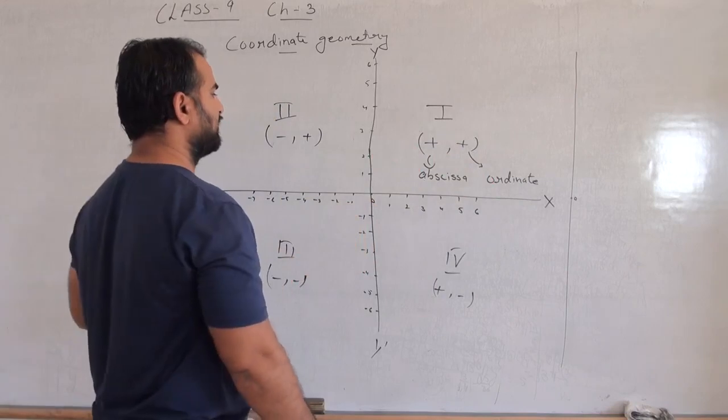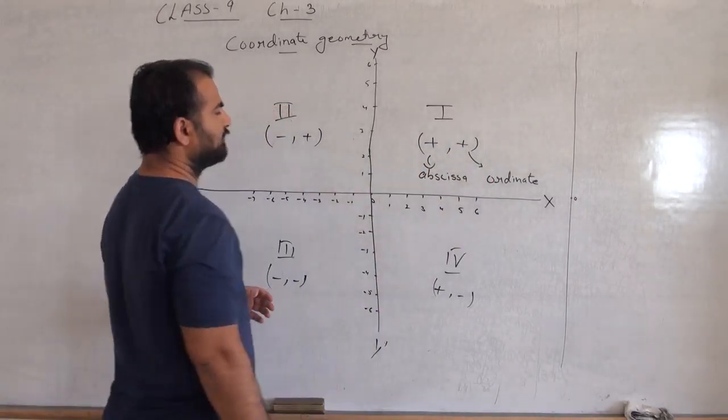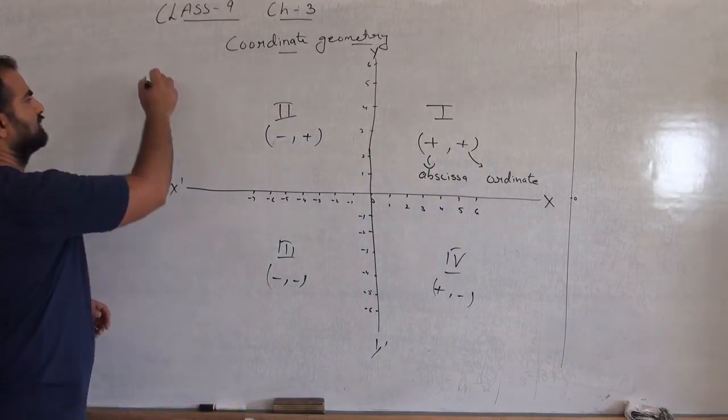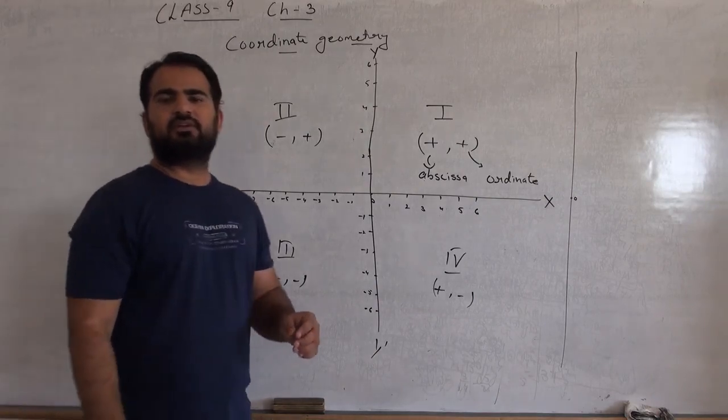Correct. So what if we have to mark the point (3, 6)? Where will we mark it?